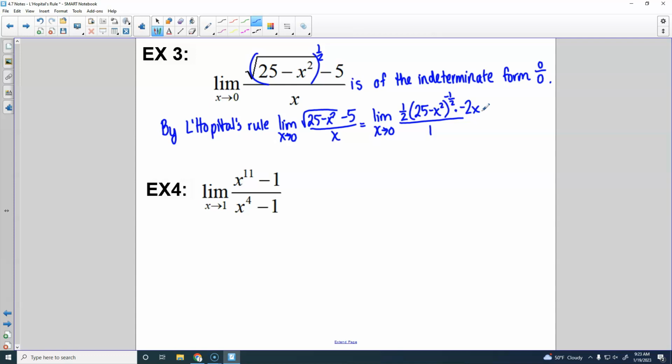Hold on. Can this one be done by L'Hopital's rule? Why did I put this on here? Because this is still going to give us 0 over 0, isn't it?